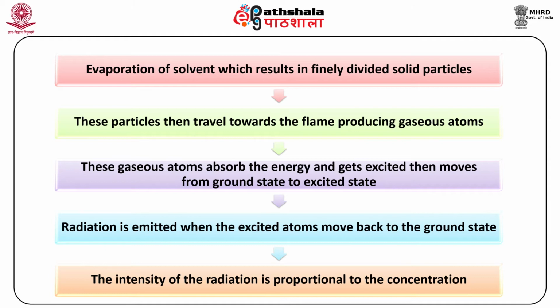These particles then travel towards the flame, producing gaseous atoms. These gaseous atoms absorb energy and get excited, moving from the ground state to the excited state. Radiation is emitted when the excited atoms move back to the ground state, and the intensity of the radiation emitted is proportional to the concentration.